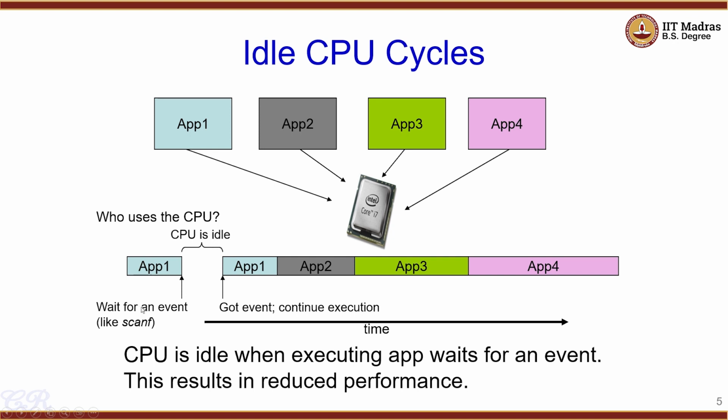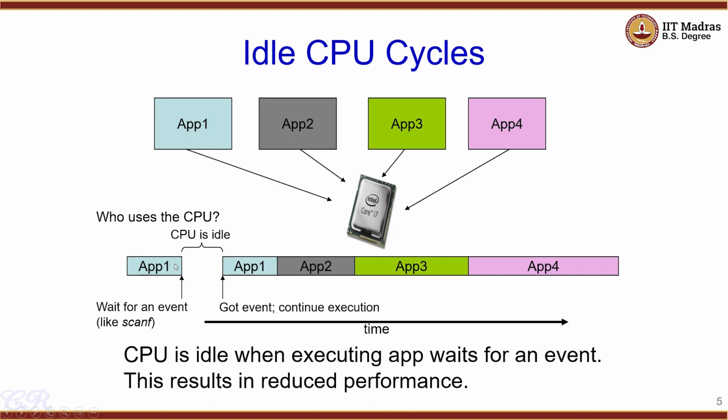We abstract this notion in terms of events. So when app 1 reaches the scanf, we say that this application is waiting for an event, and sometime later, it may be a few seconds later, it may be a minute later, it may be a few days later, the user could enter something, and then your system has got the event, and the application can continue to execute.